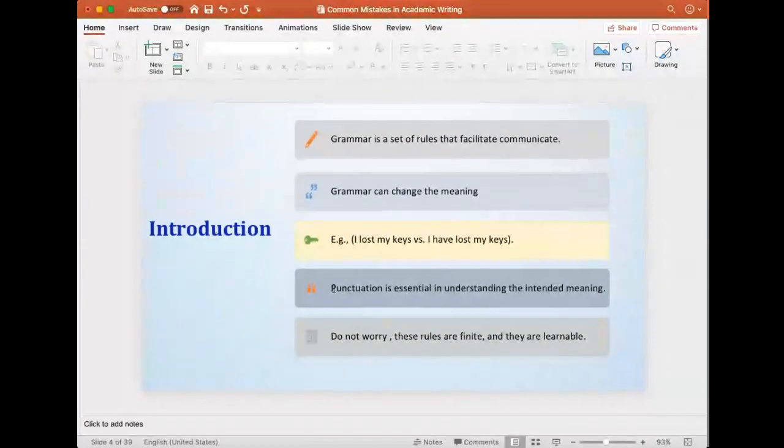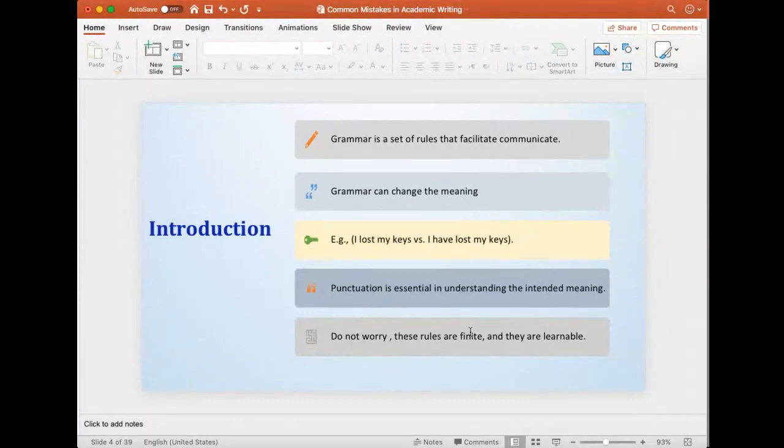Punctuation is also essential in understanding the intended meaning. Punctuation like commas, full stops, question marks, semicolons, colons, and exclamation marks are all very important, and we cannot just type and write without using them. So in general, don't worry about these.